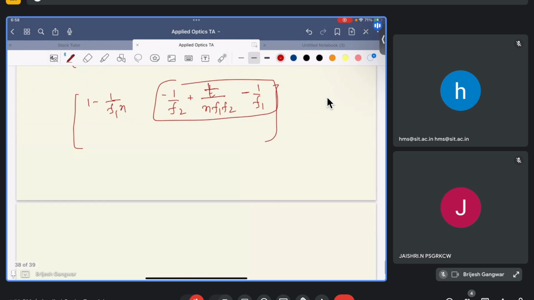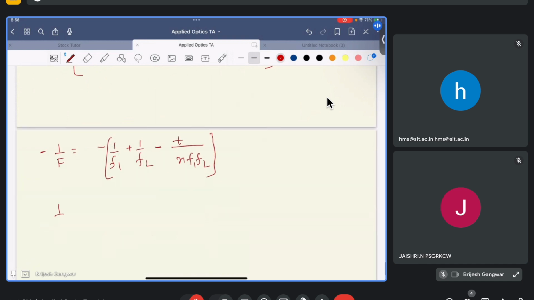Then we can consider minus 1 by f equals minus 1 by f1 minus 1 by f2 plus t by n f1 f2.